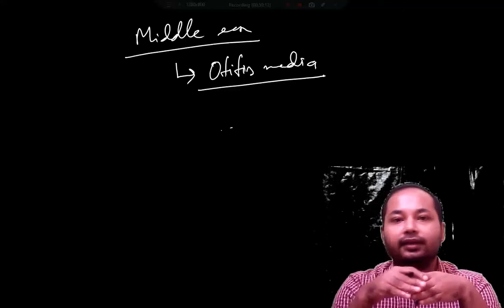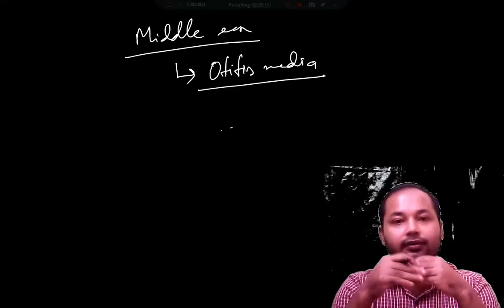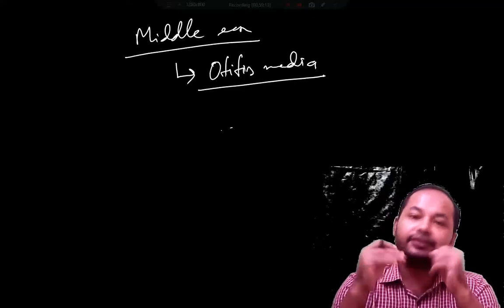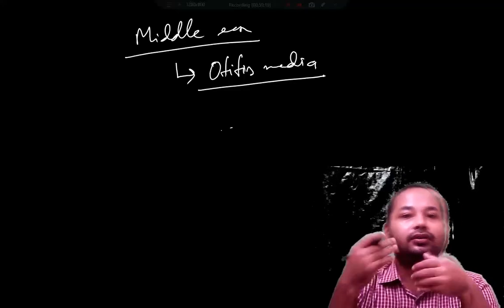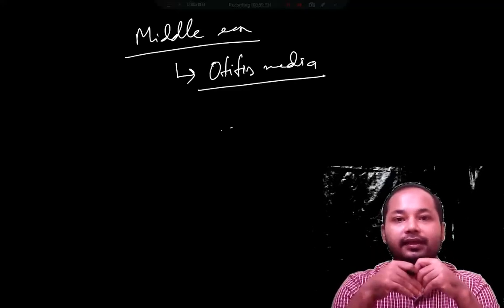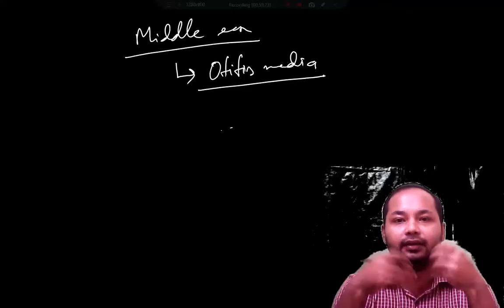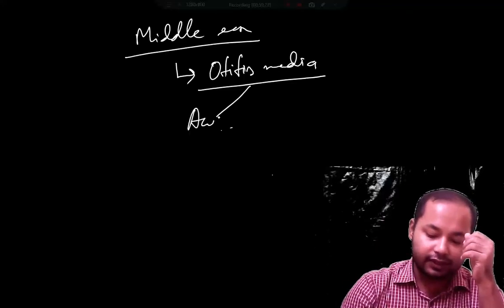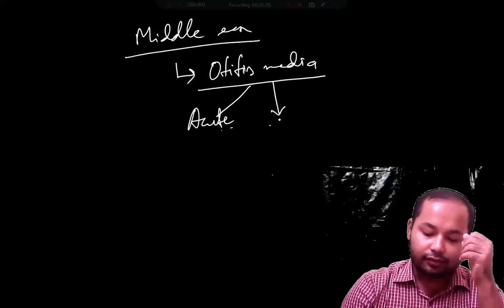In ENT you will be studying all these things. When the same infection is carried on without pain, this is called chronic. So it has two divisions, acute otitis media and chronic otitis media.